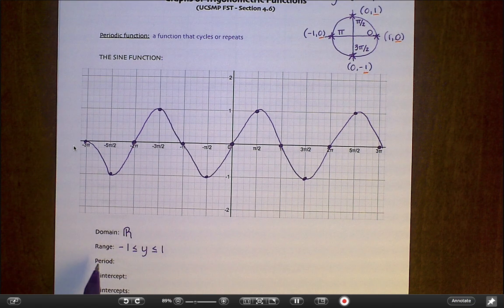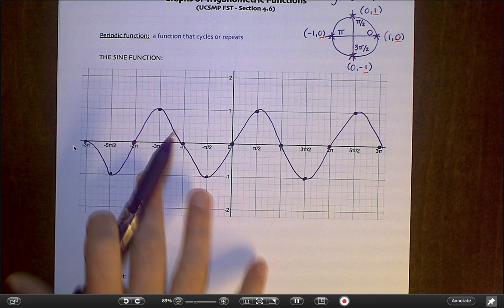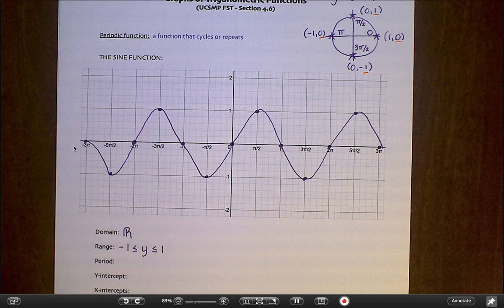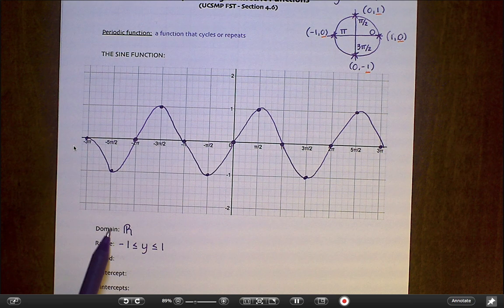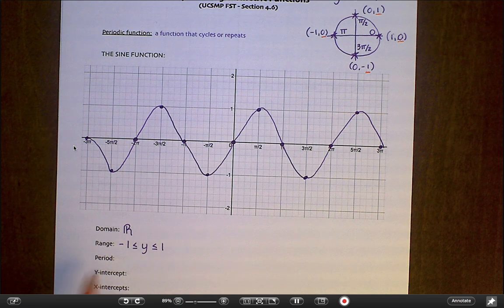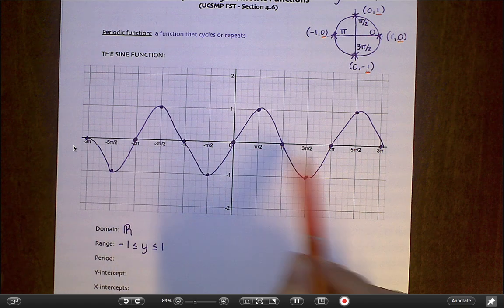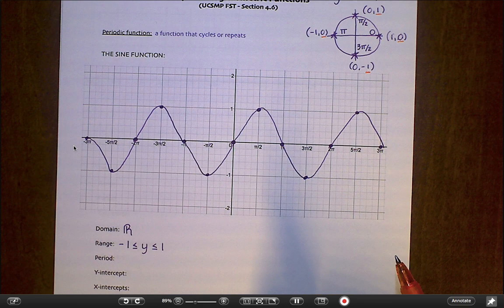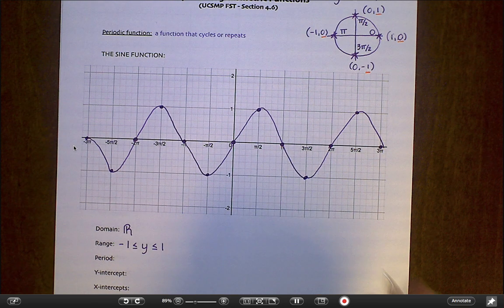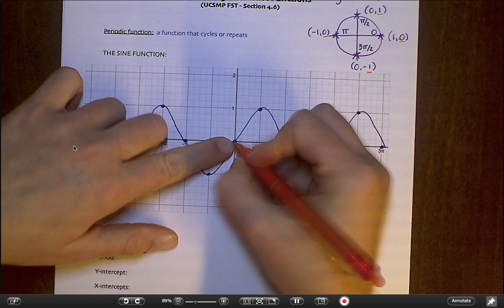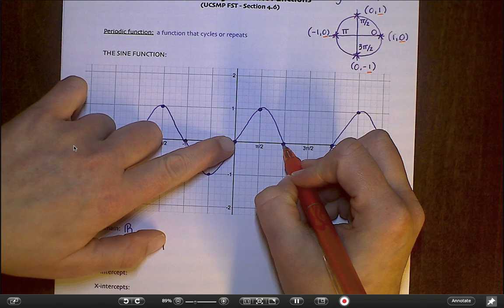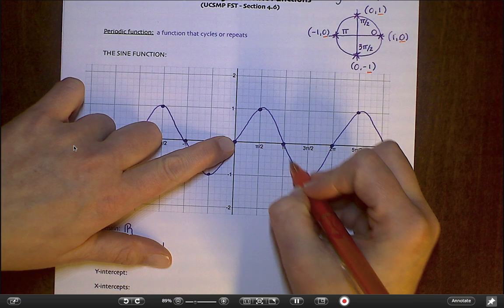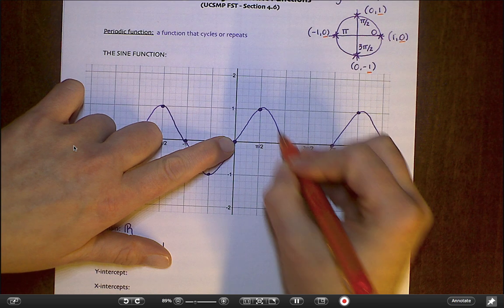Okay, the period, and this term might be new to you in the context of this function. This relates back to the fact that we call this a periodic function. Remember, a periodic function is one that cycles or repeats, and so the period of the function is talking about how long along the x-axis it takes for one full cycle to be completed, okay? So if I start here at 0, and I go up and I come back down. Now I know it's tempting to think, oh, we got back to where we started, right? But this is not a repeat of what we just did a second ago.